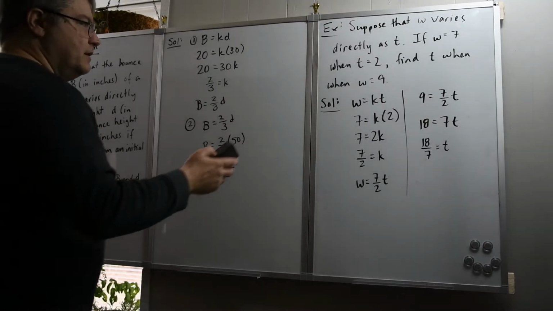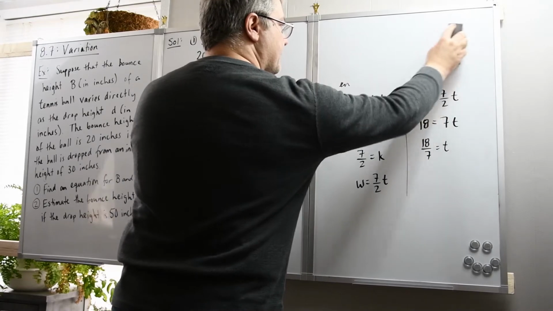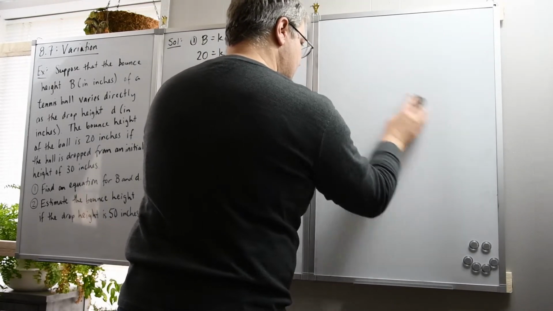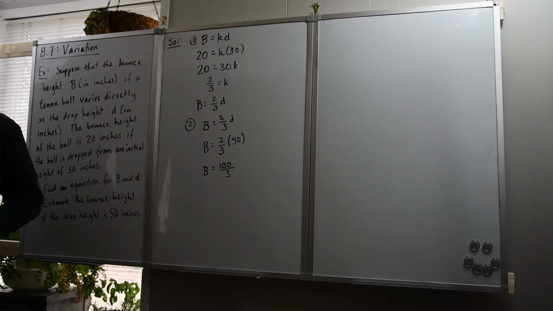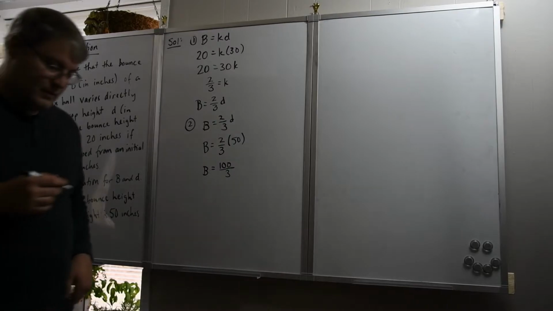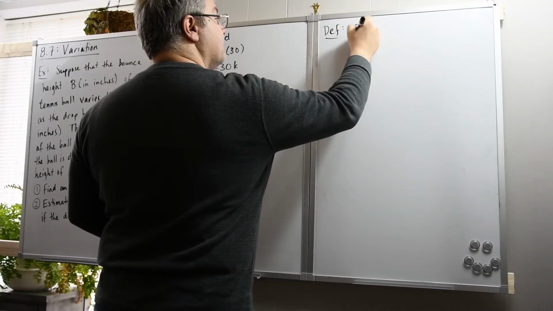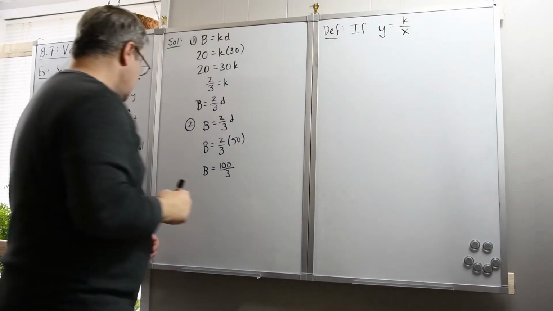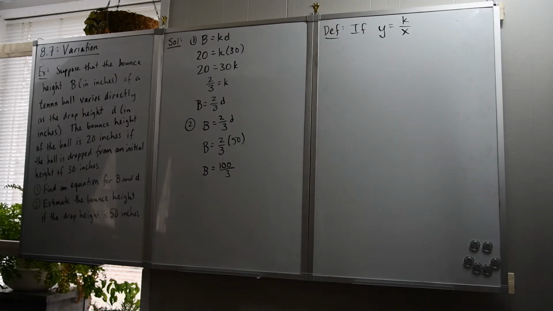So next we're going to take a look at a second type of variation, and that second type of variation is what we refer to as inverse variation. Now remember, with the direct variation we had y is equal to k times x for some proportionality constant k.